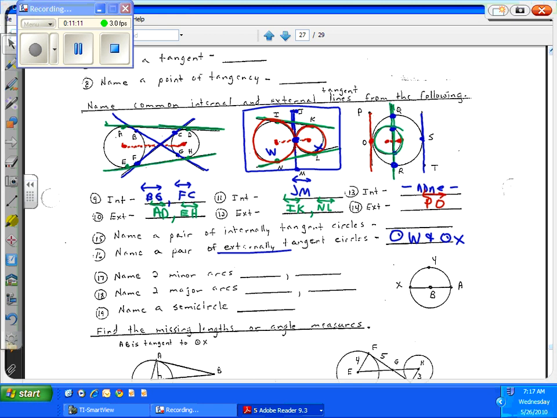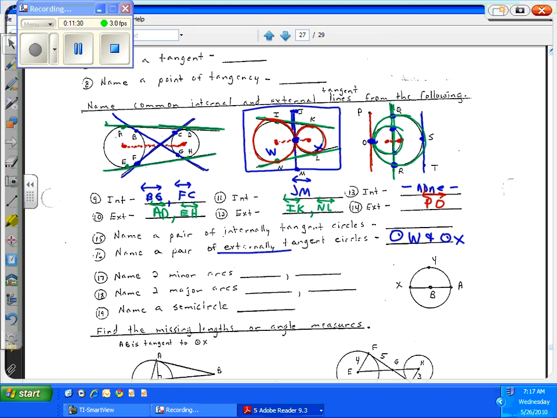On the last picture, the little circle and big circle are both tangent to the red line at point O. Since they're two coplanar circles that are tangent to the same line at the same point, we say that they are tangent circles.